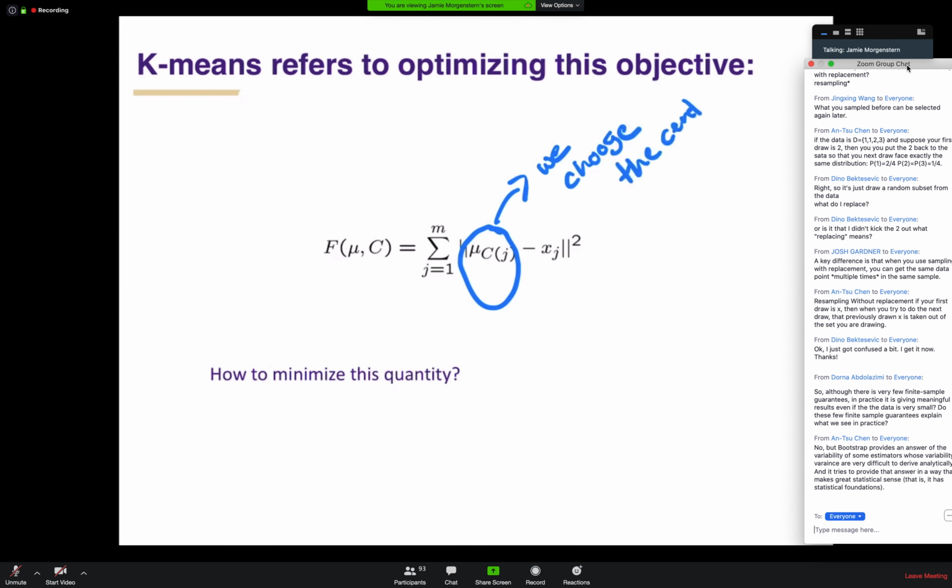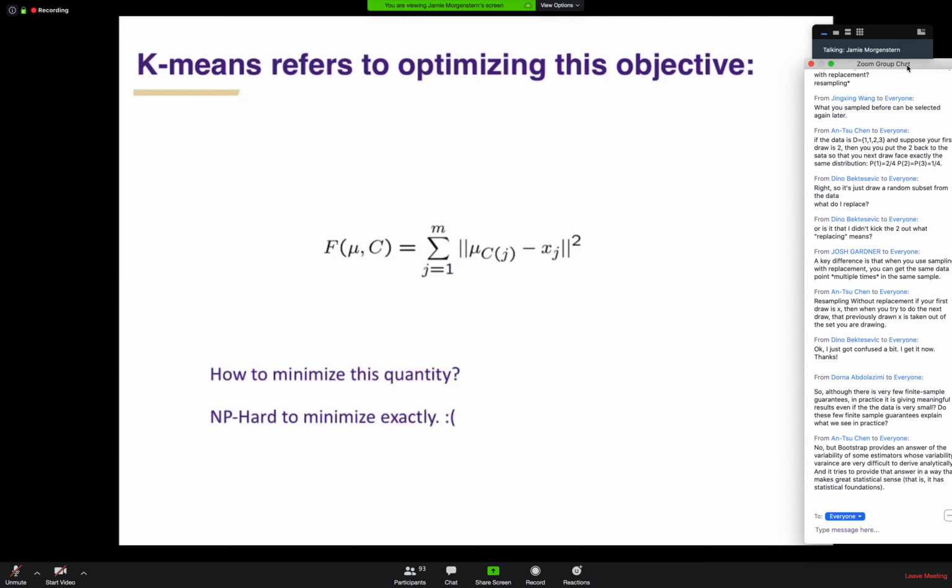So how do we, computationally speaking, choose both centers and assignments of points to those clusters? Unfortunately, the short answer is we can't exactly optimize this. For general data sets, the problem of simultaneously picking centers and assigning points to those centers to minimize the k-means objective is NP hard.